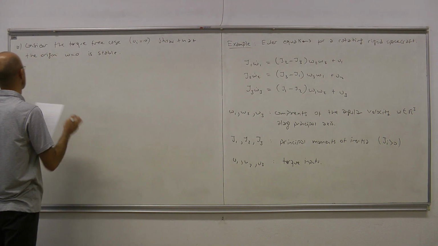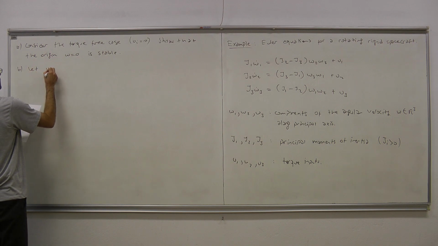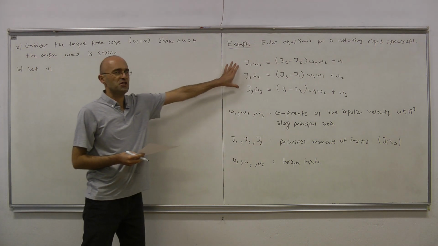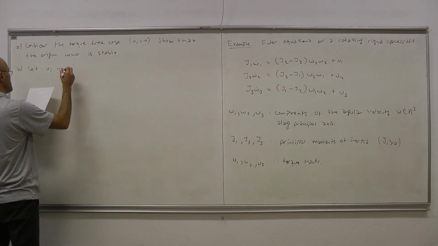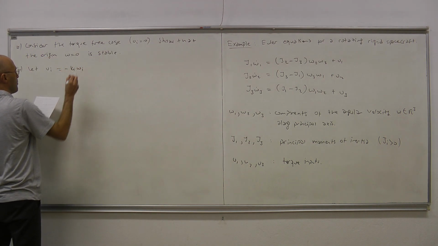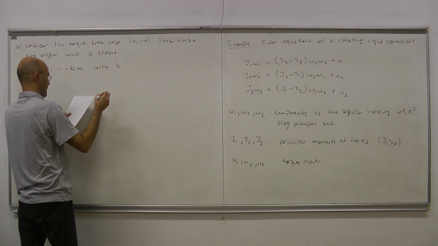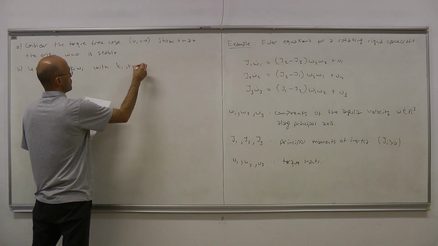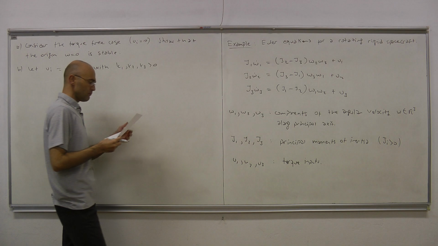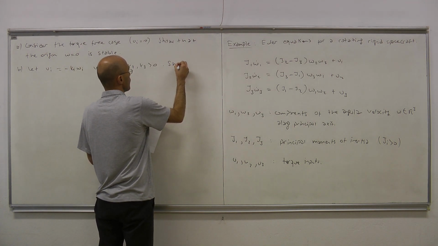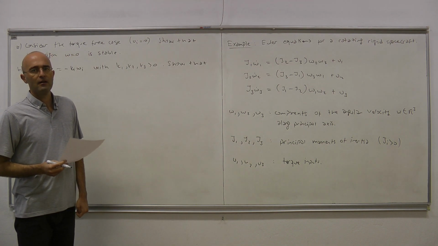And in part B, we will consider the system under feedback, Ui equals minus Ki omega i, with K1, K2, K3 being positive constants. Show that for that case, the origin is globally asymptotically stable.